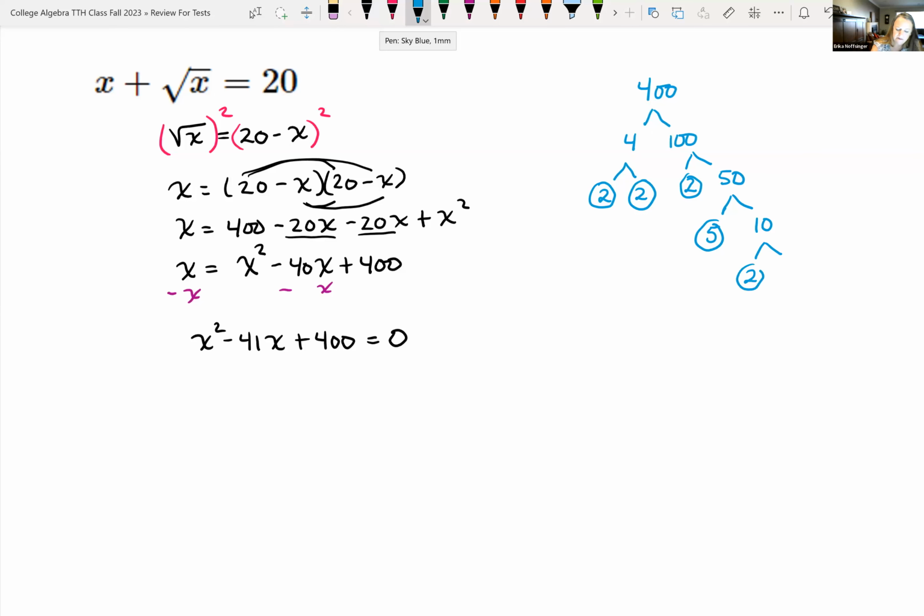And 10 can be written as 2 times 5. So I notice that 400 is the same thing as 2 times 2 times 2 times 2, there's 4 2s, times 2 5s.